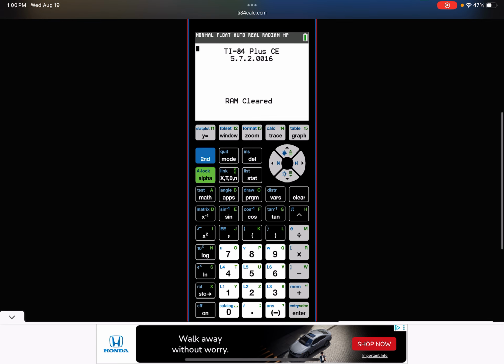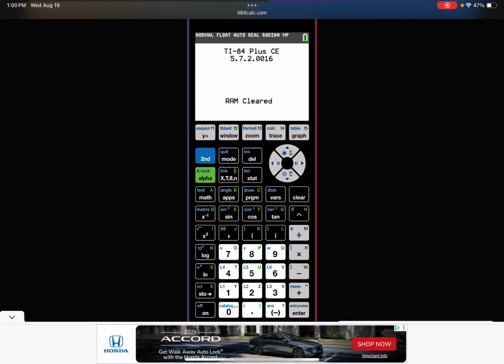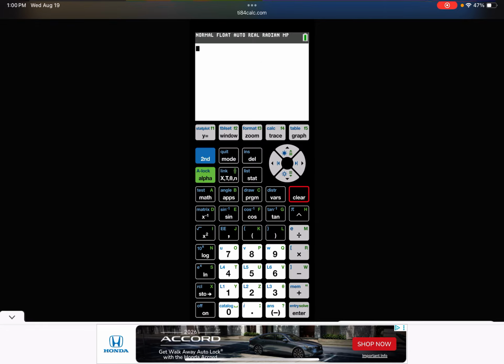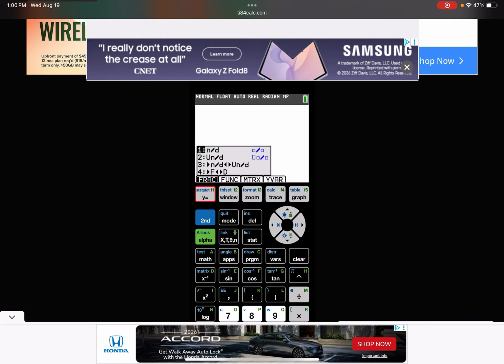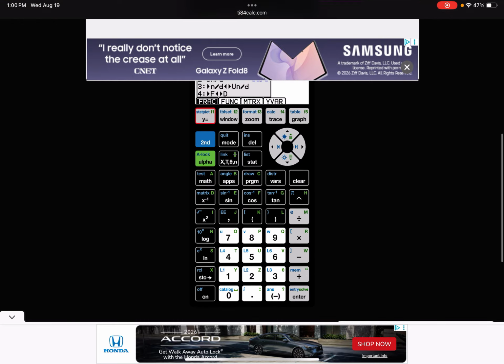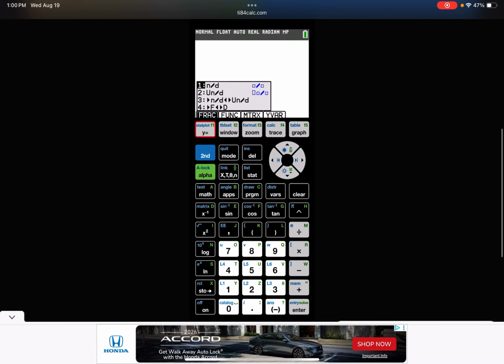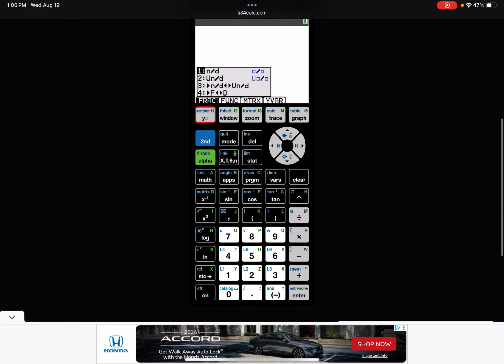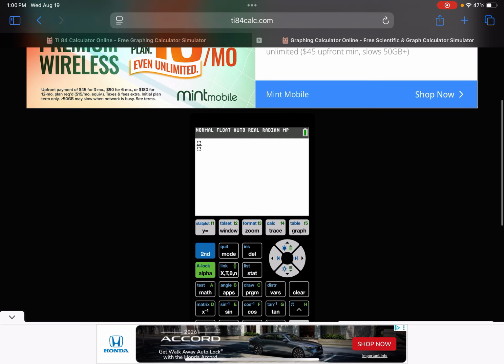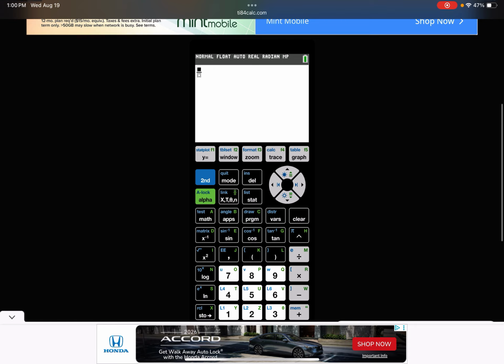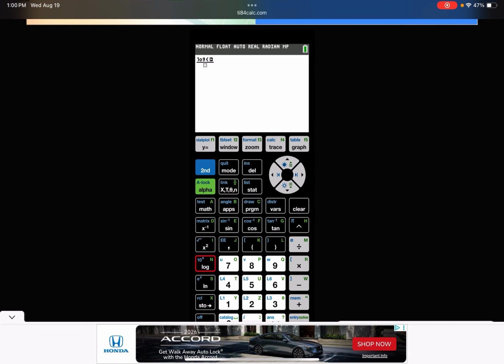Okay, so I want to plug this whole thing into my calculator. If you press this green button, alpha, and then the y equals up here, it'll pop this up, and number 1 is a fraction notation, so you can just hit enter, and it brings up a fraction for you. And then there's a log button down here.